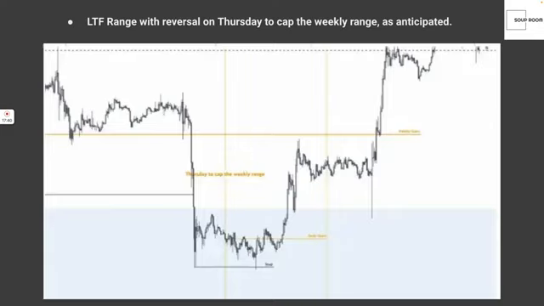The lower time frame range with reversal on Thursday to cap the weekly range as anticipated. So as you can see right here, hopping onto a lower time frame, you can see another range at the low.